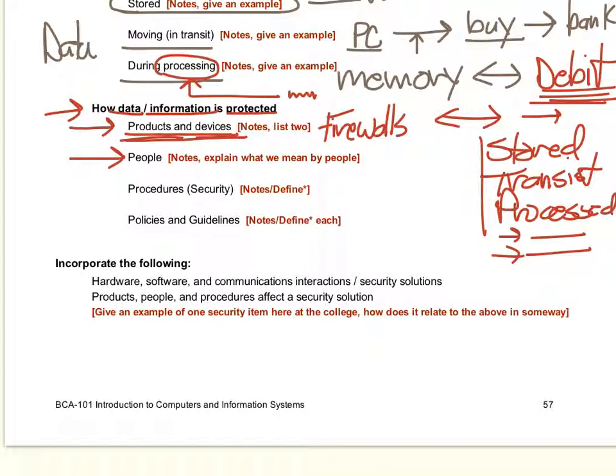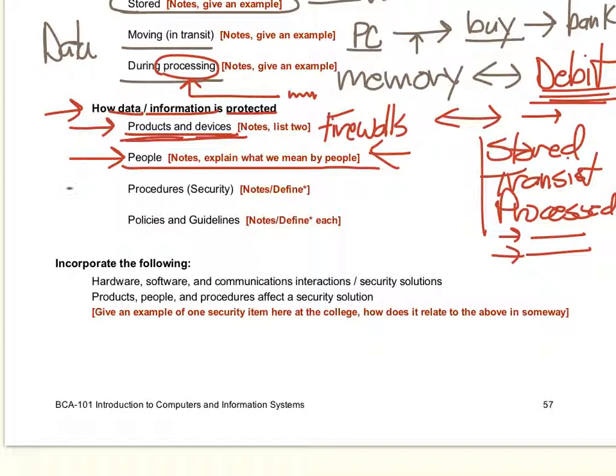The biggest issue when it comes to storing data. People give out passwords when they shouldn't. People need to follow procedures. People need to not click on links in emails. Probably one of the biggest security risks is people themselves giving out the wrong information.